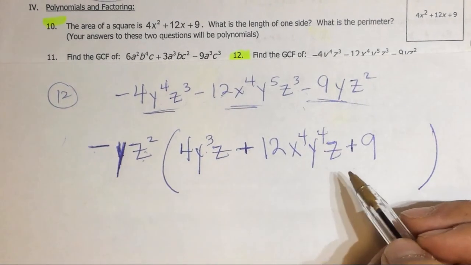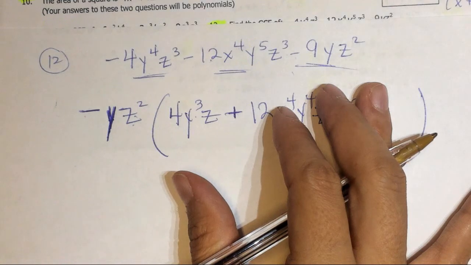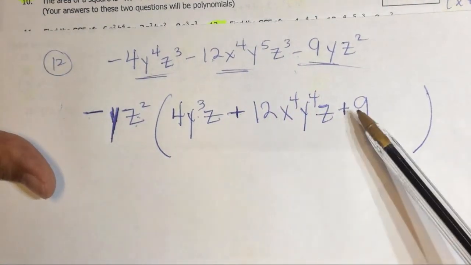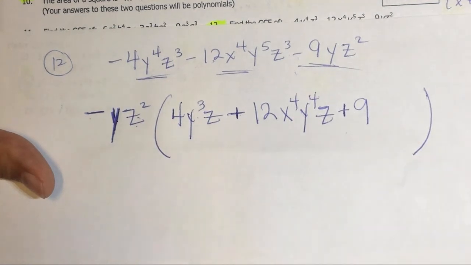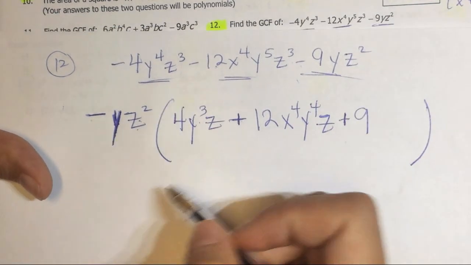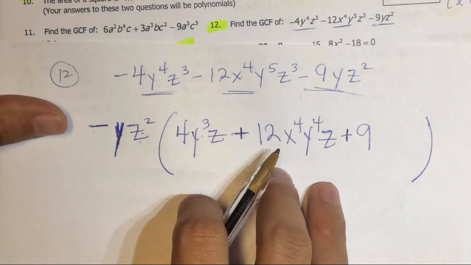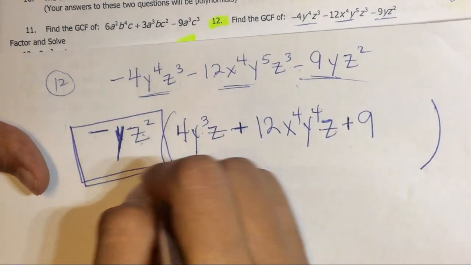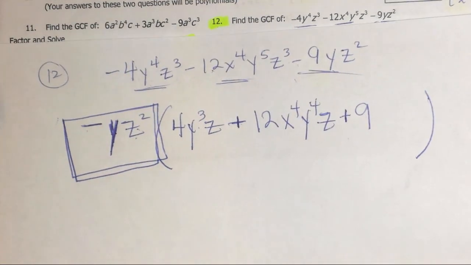My y's already there, so I'm good. And then z squared is already there, so I'm good. So this is how you factor the GCF out, but they just want you to find the GCF. So this part right here in the box is your GCF. And that's number 12.